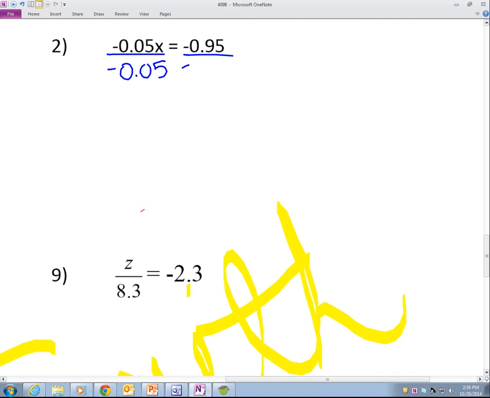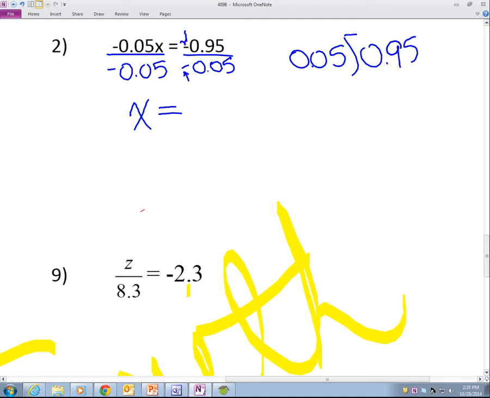Okay. So negative 0.05. I know that x is going to be positive. Set up like this, 0.05, 0.95. They're both negative, so I can ignore it.